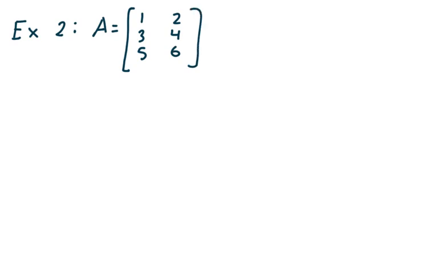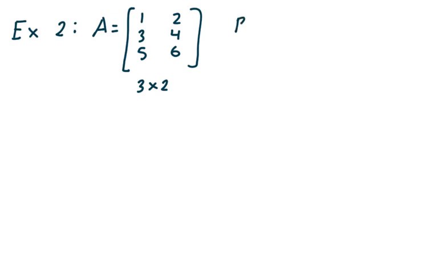Let's take a look at another example. We'll do example 2. Suppose A is the matrix 1, 2, 3, 4, 5, 6, just like this. Notice that this is a 3 by 2 matrix, right? 3 rows, 2 columns.